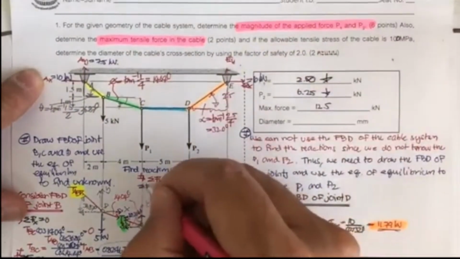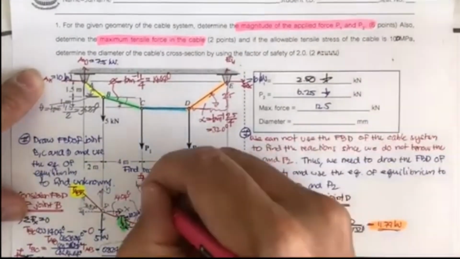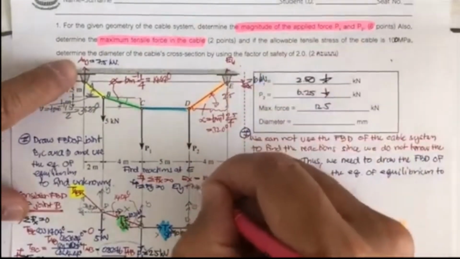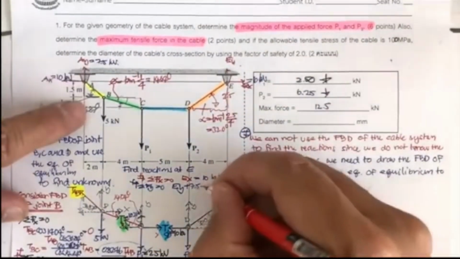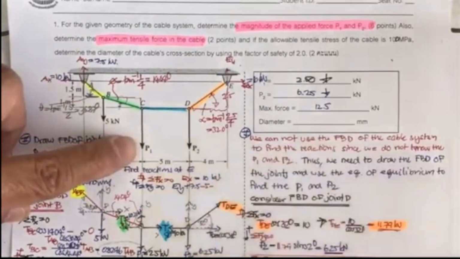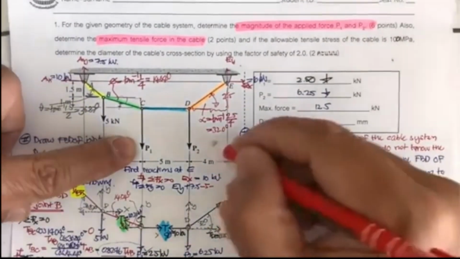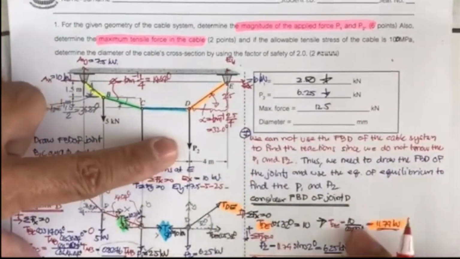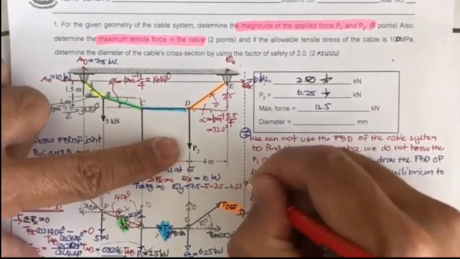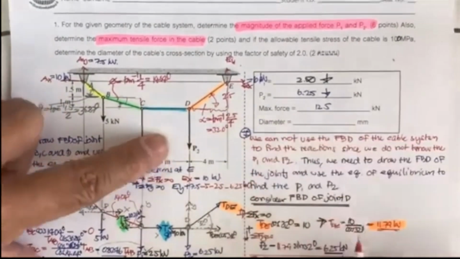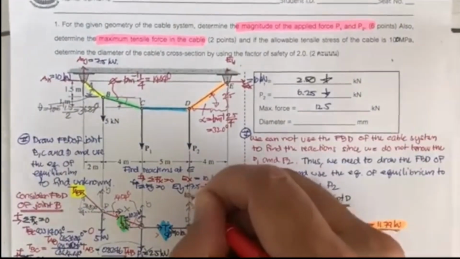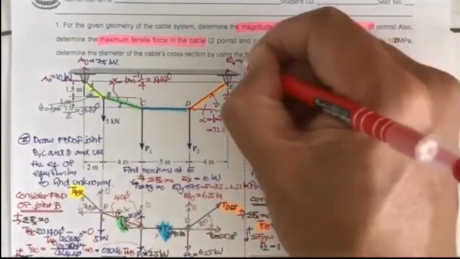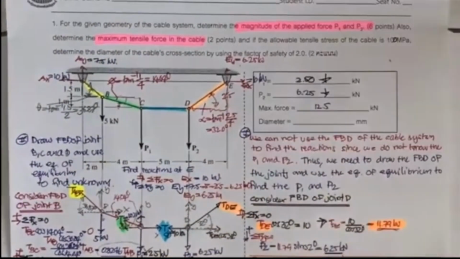And summation of F sub y equal to 0, pointing up positive. So E sub y plus 7.5, minus 5, minus 2.5, and minus 6.25, equals 0. If you do this, E sub y is going to be equal to 6.25 kilonewton.